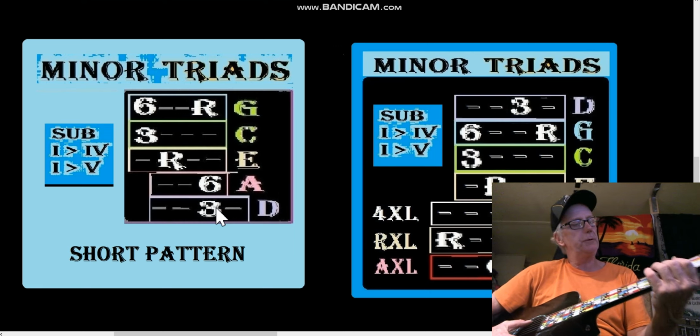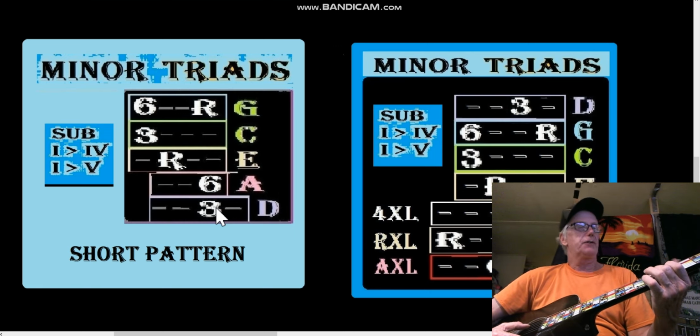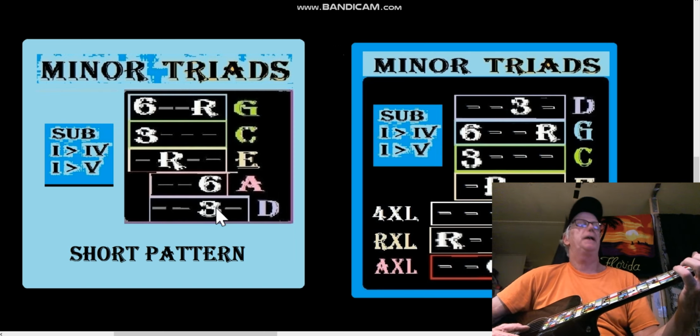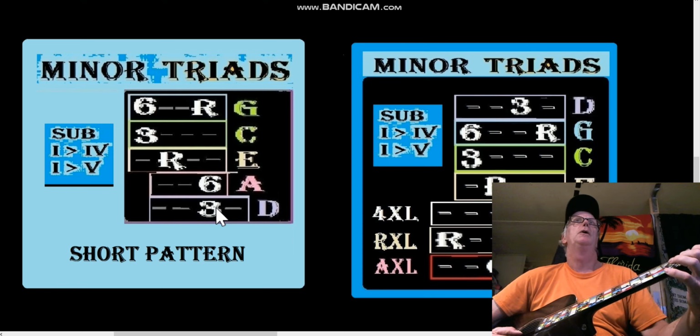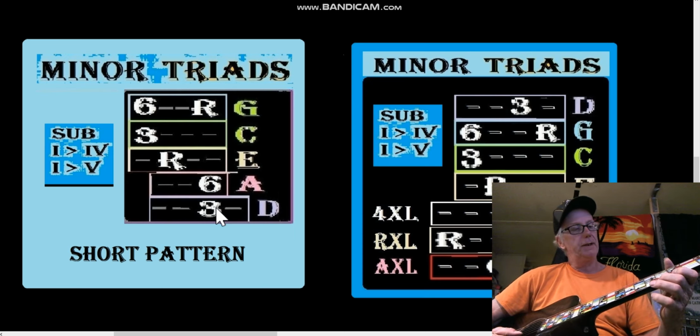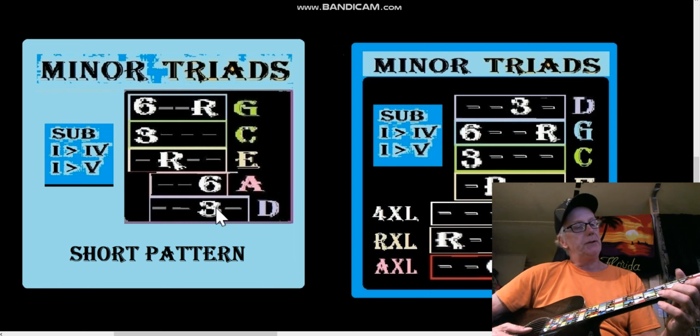So the 3rd would be the E there, straight up to the 6, over to the root, to the 3rd, again straight up, then to the root, and then repeat the 3. So that's our A minor in the D shape.